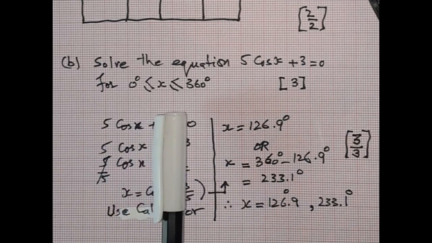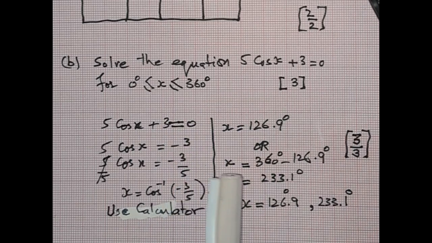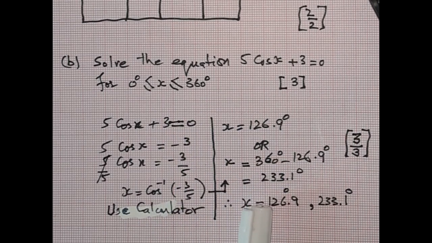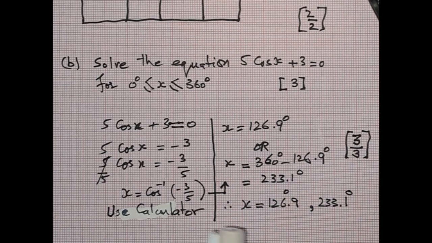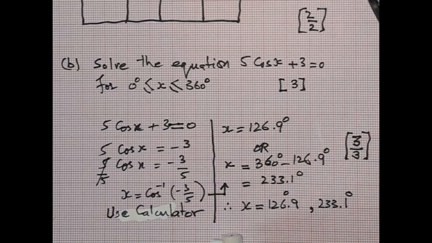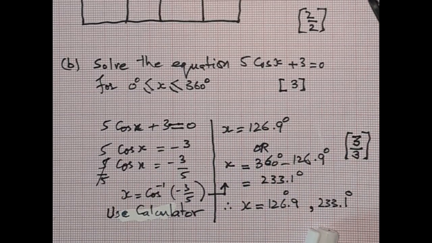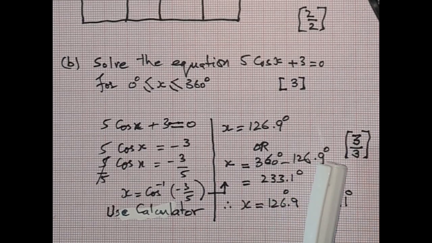And our range is 360 degrees, so we subtract 126.9 from 360 degrees, to get 233.1 degrees. So the solution of this equation is that x could be 126.9 degrees and 233.1 degrees. When you do this, you get 3 out of 3 marks.